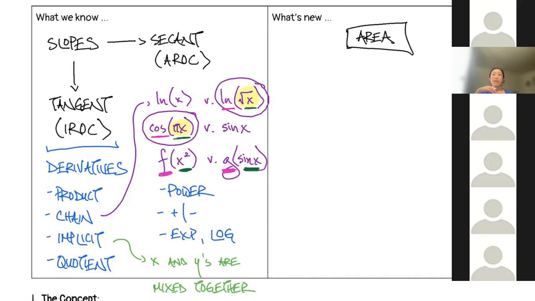We're going to take a look at area in so many different ways. We're going to think back to all of the formulas we knew from geometry. Those are going to be important. We're going to think about, so let's write some of these down. We need to know some of our geometry formulas.